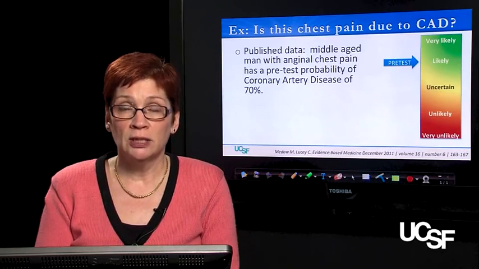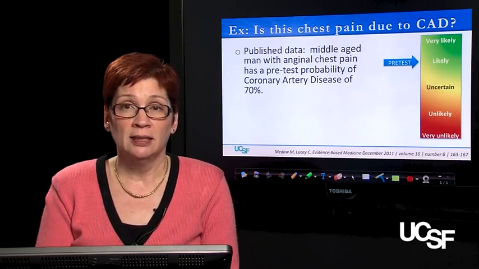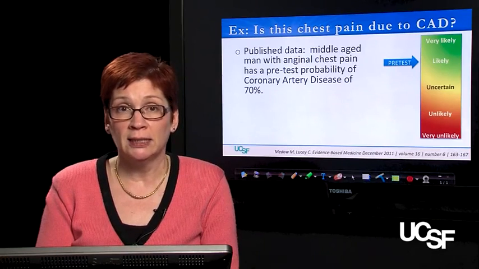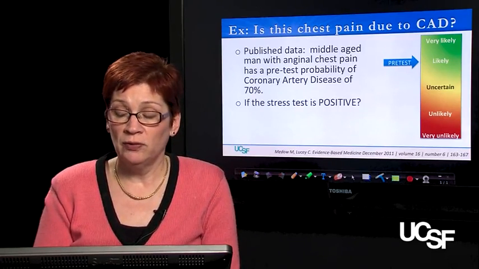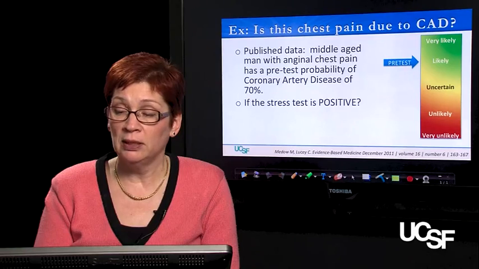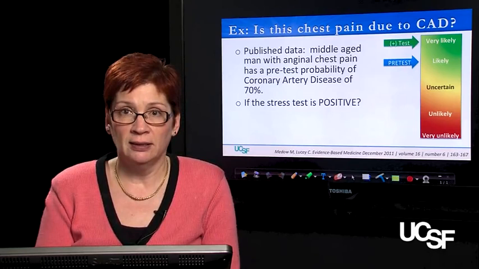If we apply our heuristic, and we know that the next level test, the exercise treadmill test, does not have a sensitivity or specificity of 99%, but they're both pretty good tests, a positive test would move him from a pretest probability of likely to a post-test probability of very likely.